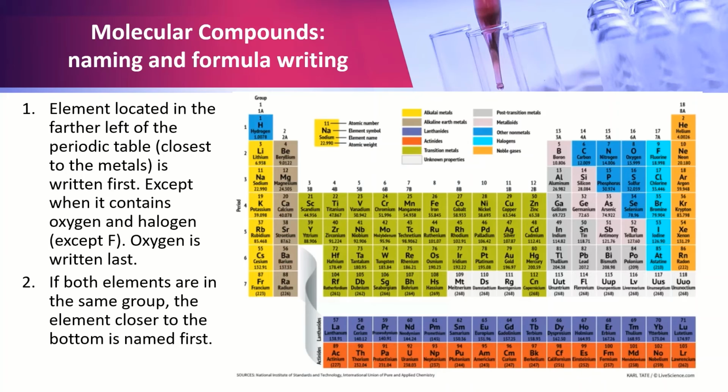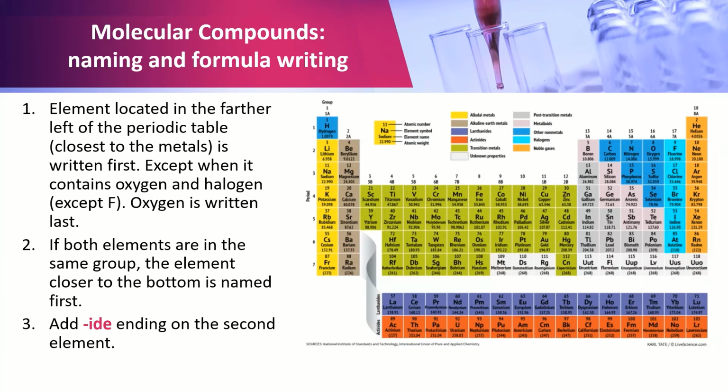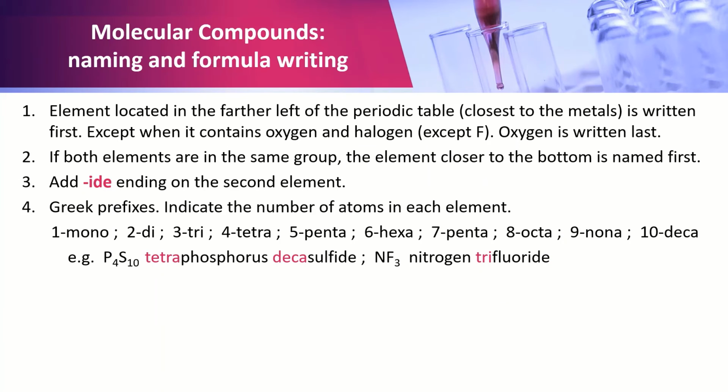Second, if both elements are in the same group, the element closer to the bottom is named first. Third, add IDE ending on the second element. Fourth, Greek prefixes indicate the number of atoms in each element. For example, mono for 1, di for 2, tri for 3, and so on.